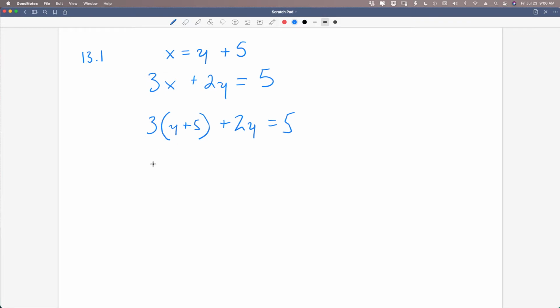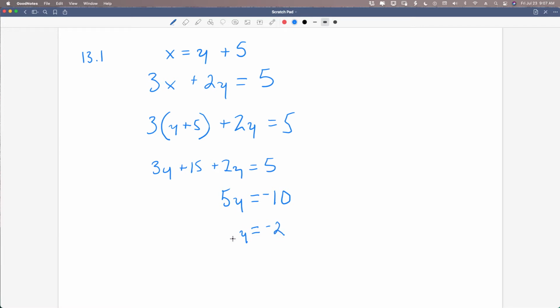So now we distribute, just like you would for any other problem. And then we can combine and we can flip this over to a negative. So that would be negative 10 is our result, because 5 minus 15 is negative 10. And then y equals negative 2.